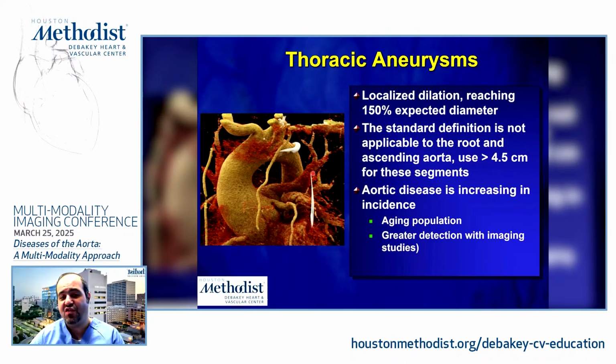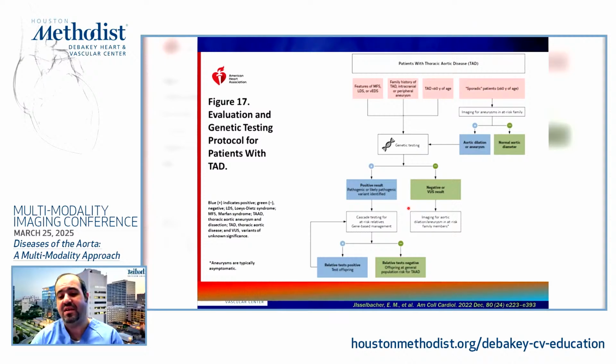Now, the standard definition does not apply to the root and the ascending aorta. The 2022 guidelines recommend using an absolute cutoff of 4.5 centimeters for these segments. Aortic disease is increasing in incidence, because of our aging population along with greater imaging that patients are coming across.